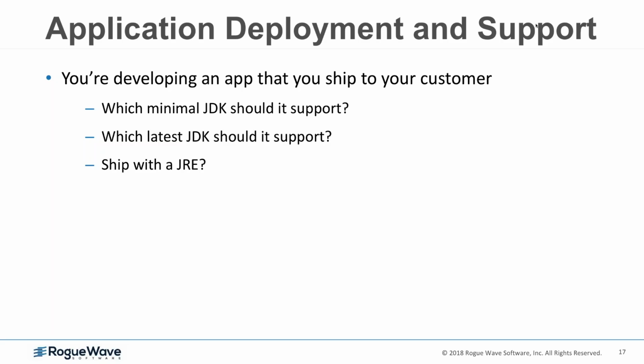But if it's not such a mission critical part of the business, then you might get away with just shipping a JRE and then whichever flags you have, you have.